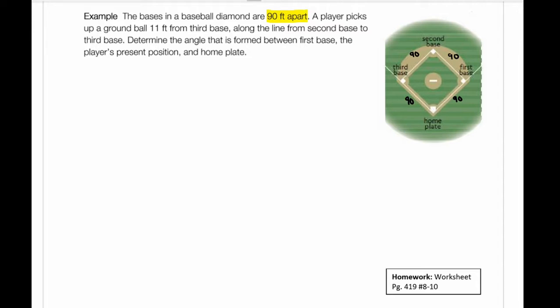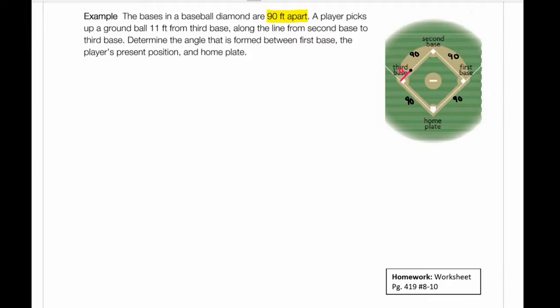A player picks up a ground ball 11 feet from third base. So 11 feet from third base along the line from second to third. So that means along here, the player picks up the ball and they're 11 feet from third base. Actually let's just put a little dot, that's our player.